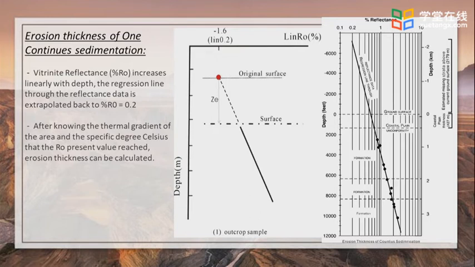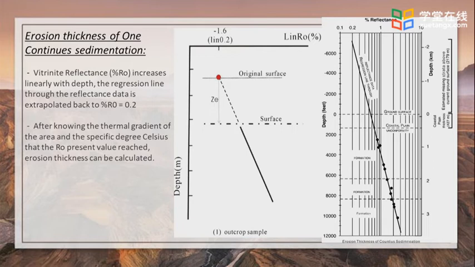So the regression line through the reflectance data is extrapolated back to Ro equal to 0.2, which you can see in the chart on the left here. And after knowing the thermal gradient of the area and the specific degrees Celsius that the Ro present value reached, the erosion thickness can be calculated.